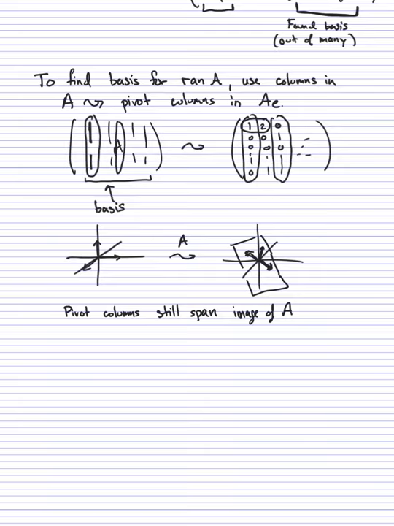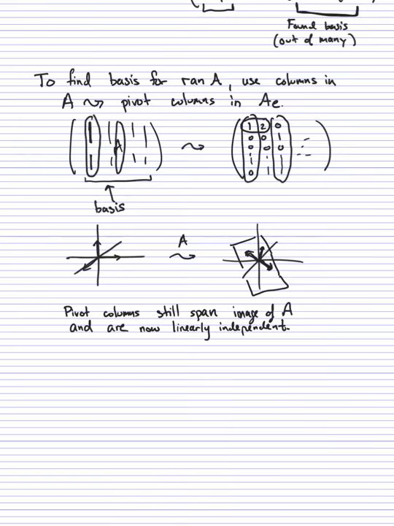So the pivot columns still span the image, and you have to use the original matrix, but those still span the image and are now linearly independent. So you can just read this off the form. So that is the image and range of A.